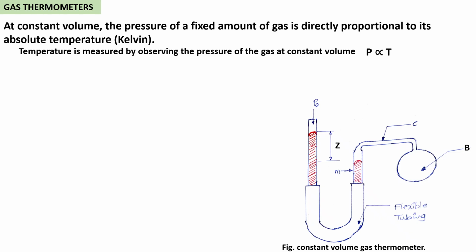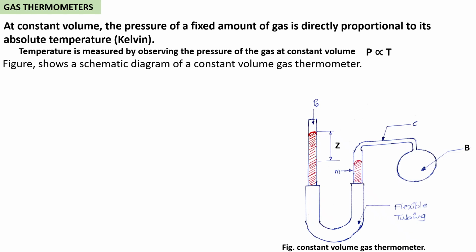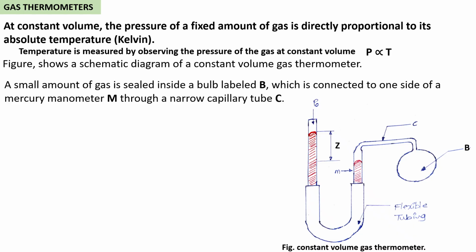So now we have to see the brief details of the constant volume gas thermometer. Here the figure shows a schematic diagram of a constant volume gas thermometer, and a small amount of gas is sealed inside a bulb which is labeled as capital B, which is connected to one side of a mercury manometer capital M through a narrow capillary tube capital C. So observe the diagram.